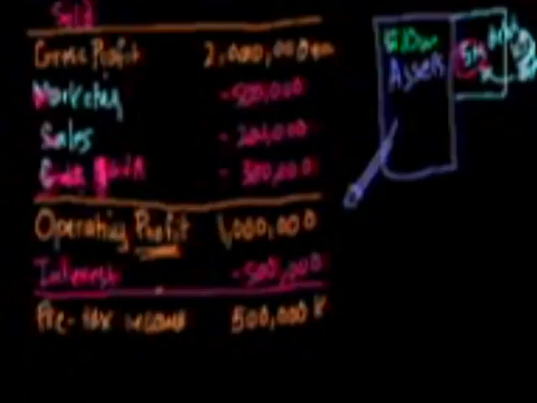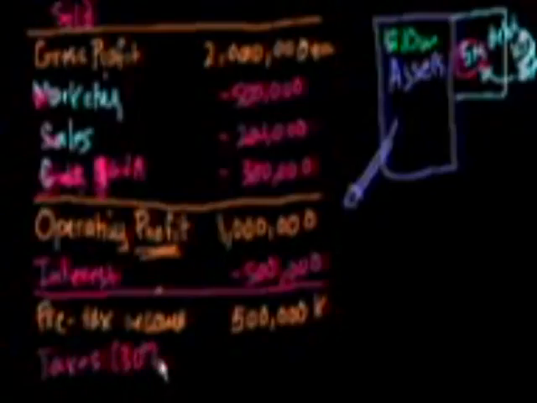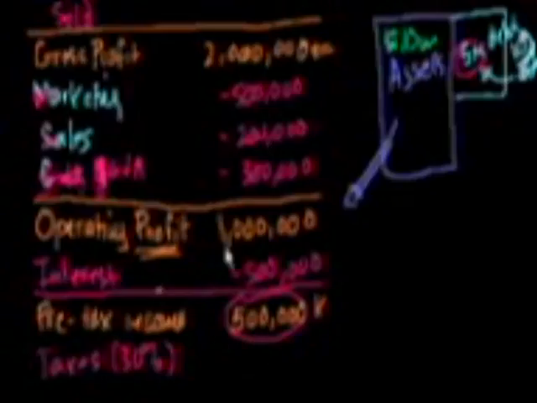So the next line is going to be taxes. Let's say that it's a 30% corporate tax rate. You're going to take 30% of that number right there. 30% of $500,000 is $150,000.